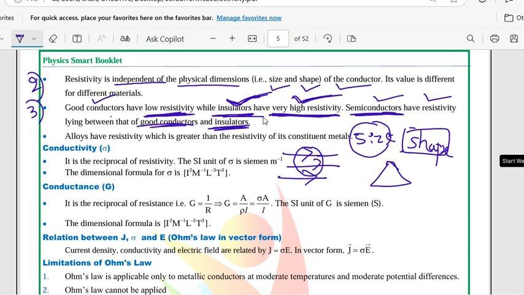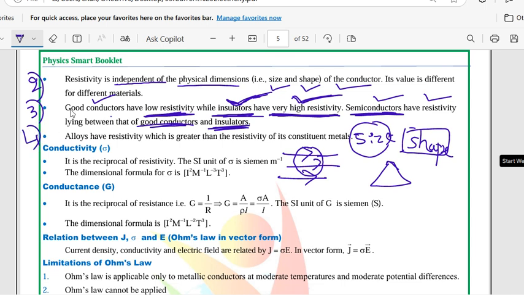So those materials are called semiconductors. Their resistivity will also lie between that of the good conductors and the insulators. This is the third factor.